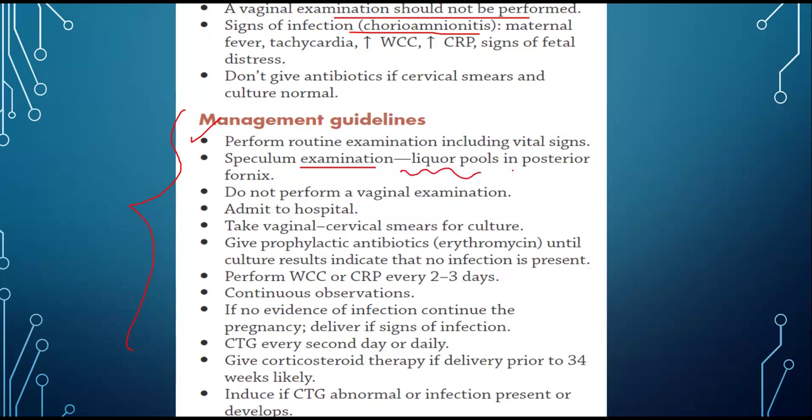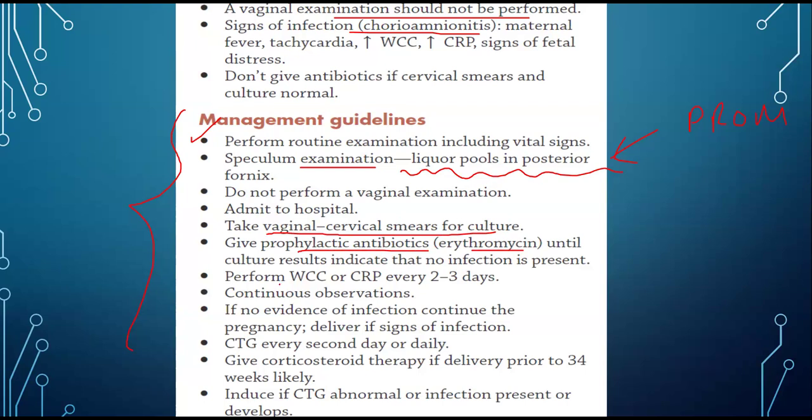If the question says there is pooling of liquor in posterior fornix, that's amniotic fluid, and that means premature rupture of membrane. So you do a speculum exam, and during it you take a vaginal or cervical swab for microscopy and culture. Once the swab is taken, then you start prophylactic antibiotic, likely erythromycin, until the culture result is back.